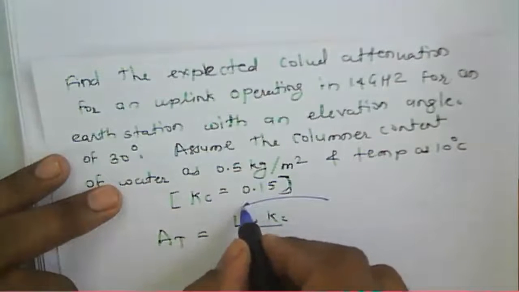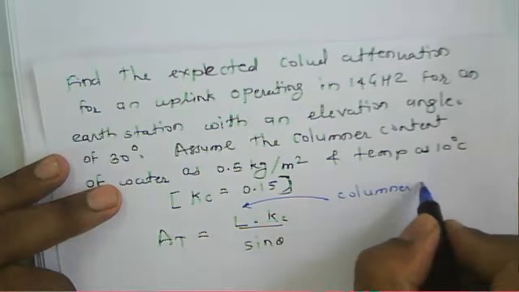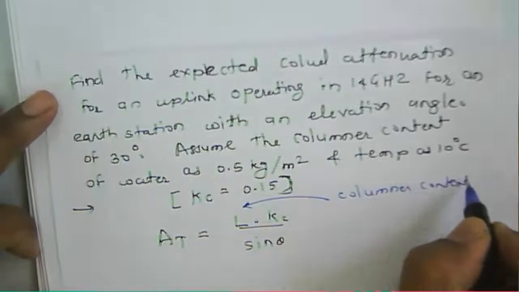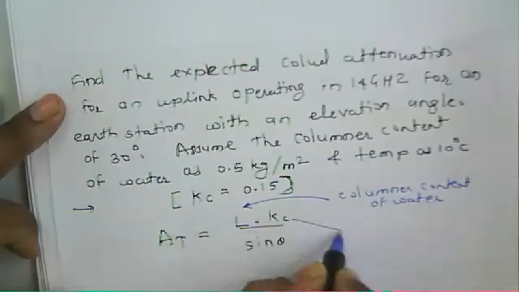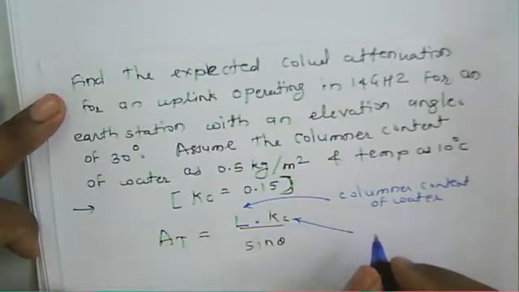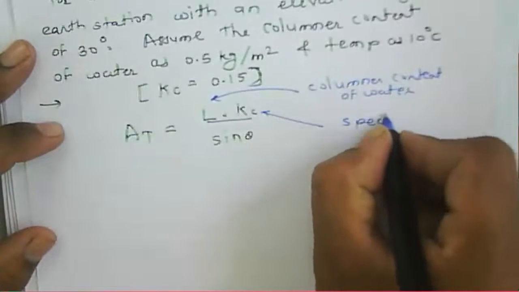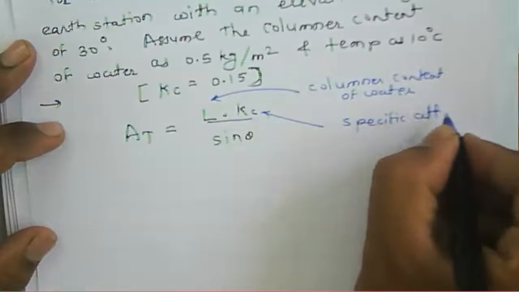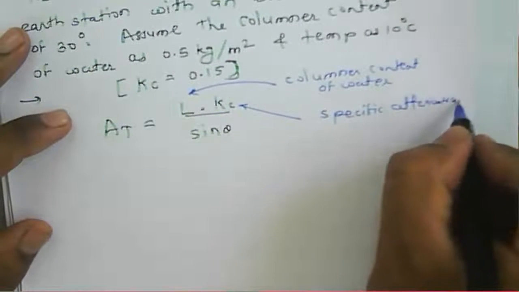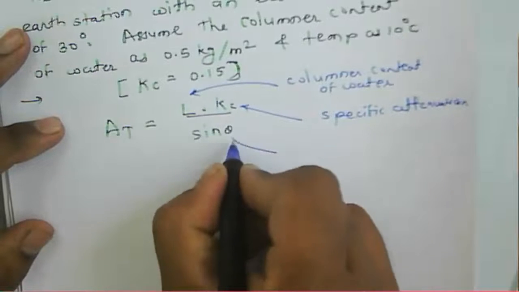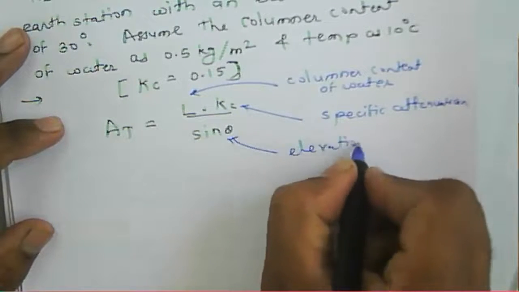Here L is the columnar content of water, Kc is the specific attenuation, and theta is the elevation angle.